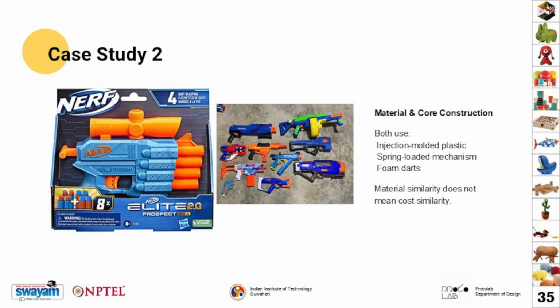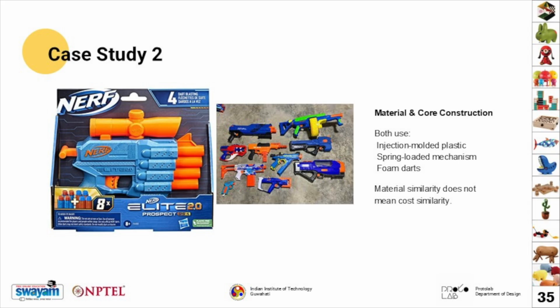At first glance, both Nerf and local foam blasters use similar raw materials: ABS or polypropylene plastic bodies, simple spring mechanisms, molded components, and lightweight foam darts. However, cost behavior differs.